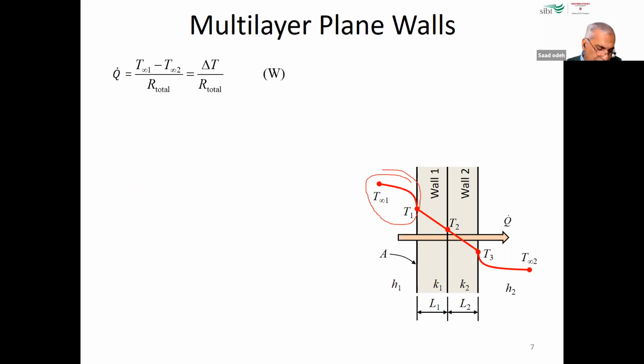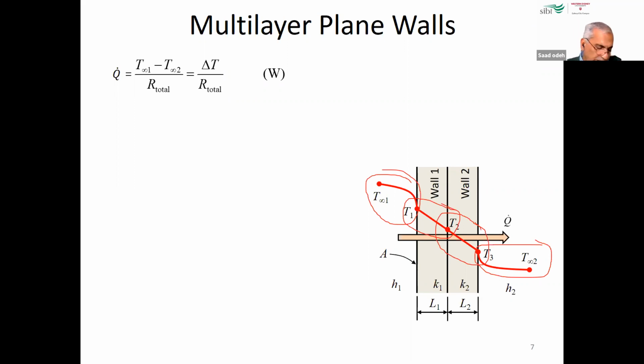Then we have the thermal resistance through wall 1 by conduction, and then another thermal resistance by conduction again, but in wall 2. And the last one is the thermal resistance from the wall 2 surface to the outside air.